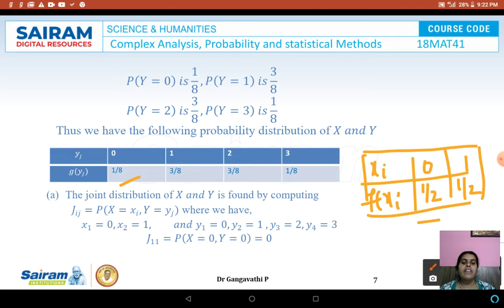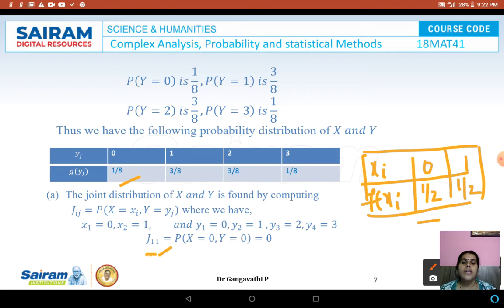So J11, instead of multiplication you have to think in this way: the probability of getting 1 for x and 1 for y means there should be a tail appearing in the first toss, and at the same time the number of heads should be 1.